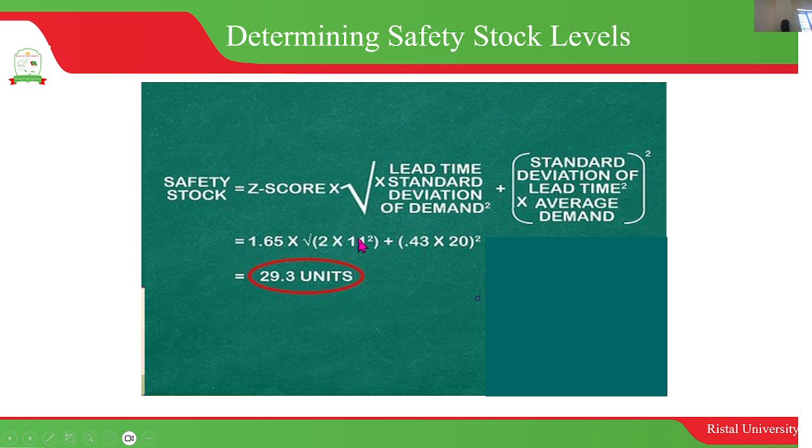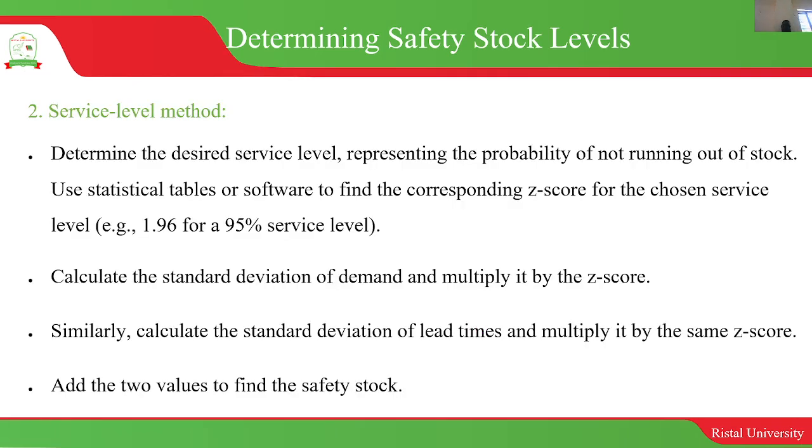And then times 11 squared, this one here is representative of the standard deviation of the demand. And then plus in bracket 0.43, this is the standard deviation of the lead time. And then times 20, and then all this has to be squared. And then giving us this in units. This 29.3 is giving us a measure of the safety stock levels.